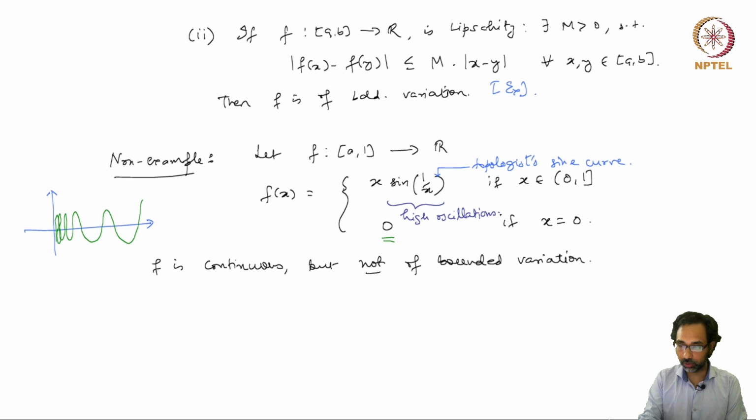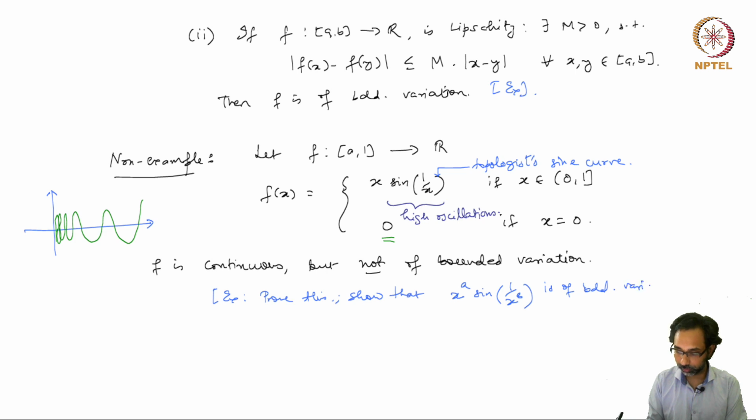So I would like you to make this argument precise, prove this, and in fact show that x to the power a sine(1/x to the power b) is of bounded variation if and only if a is greater than b.